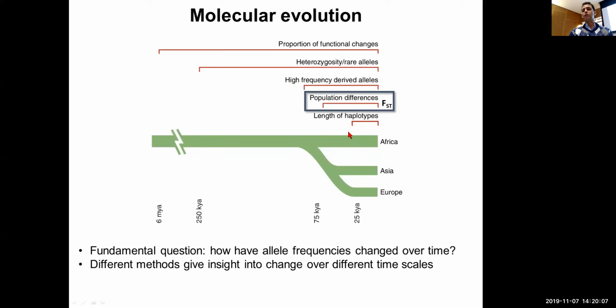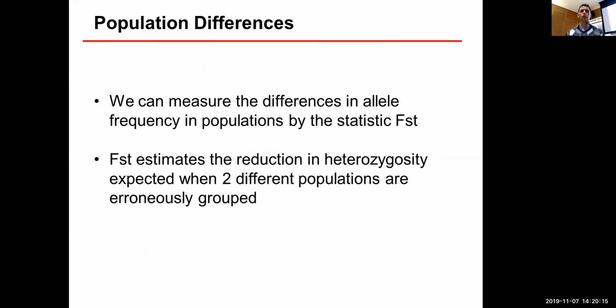If a different allele rises to fixation in Africa versus Asia versus Europe, that's again evidence of environment-specific adaptations. So you can basically measure the difference in allele frequency using this FST statistic, which estimates the reduction in heterozygosity of how different alleles are from each other between two different populations.